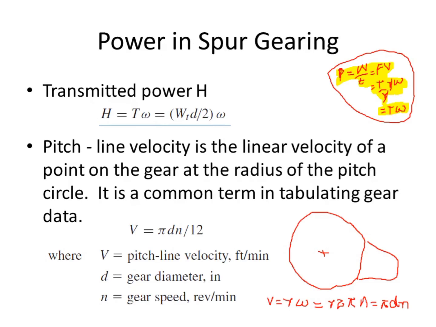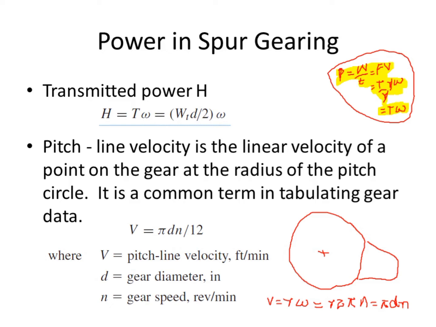Now let's talk about the power transmitted from one gear to another in a spur gear. Let the transmitted power be represented by H. As we know, power is the work done per unit time, or energy conversion per unit time. So P is equal to W by T, where W is the work.